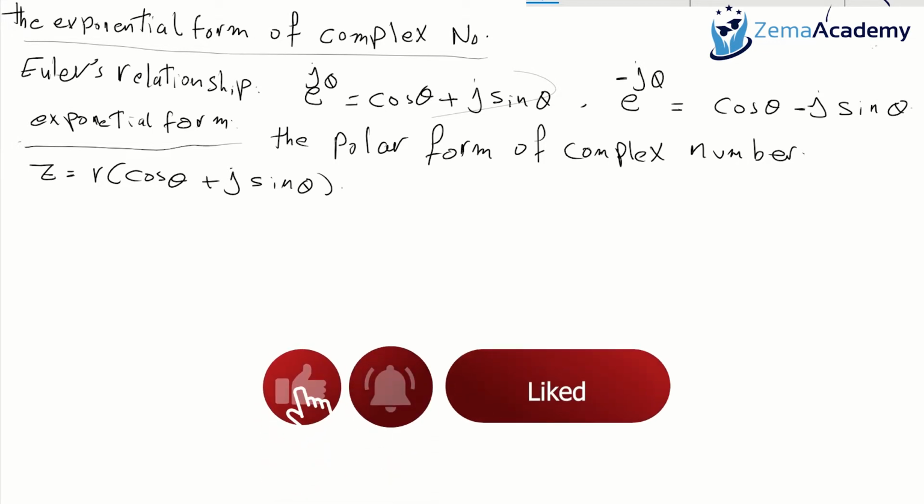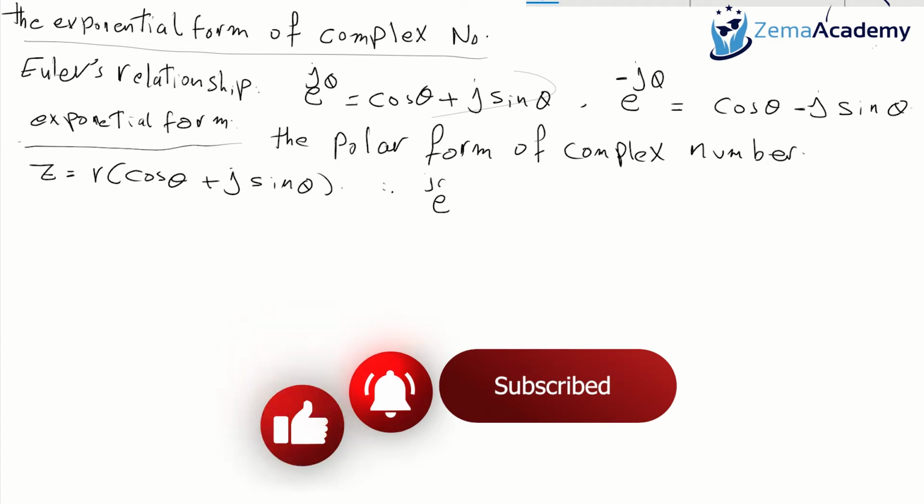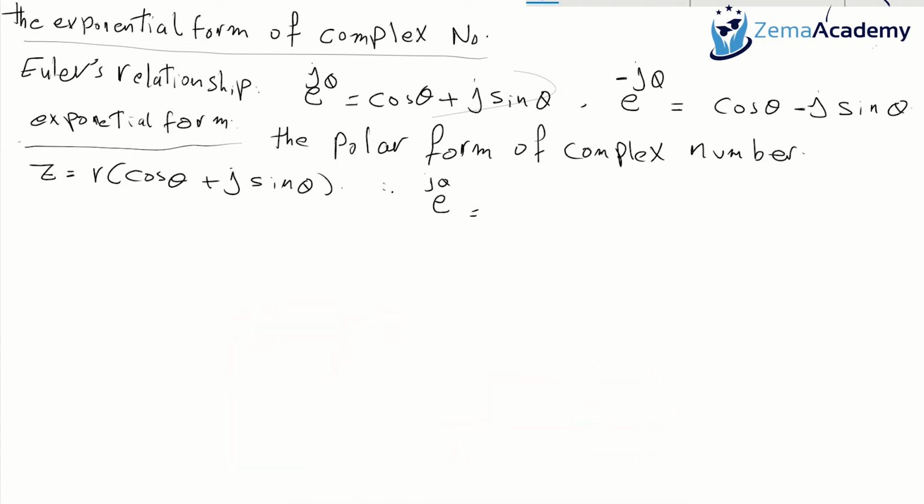But we know that e^(jθ), from the Euler formula or Euler relationship, is cosine θ plus j sine θ.